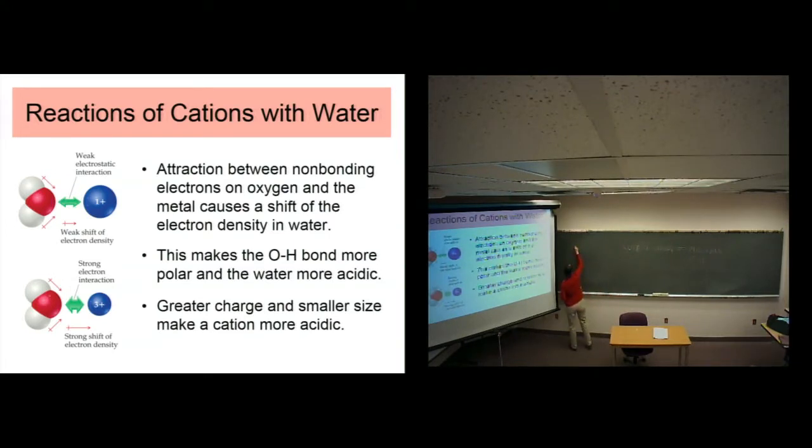And what are those cations from a strong base? Do we remember those? Group 1A, calcium, strontium, and barium.